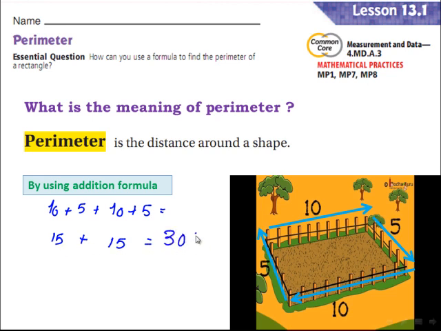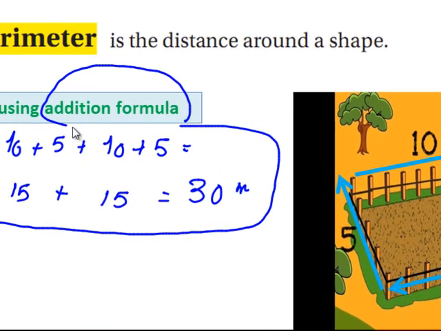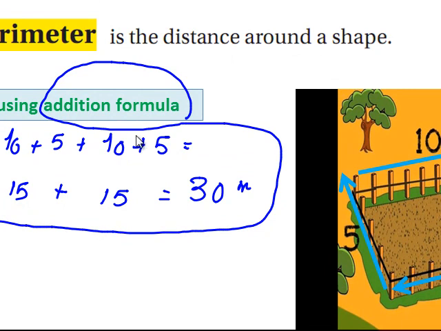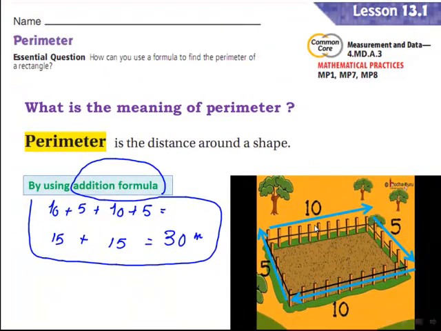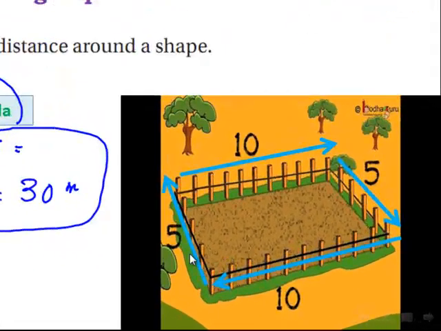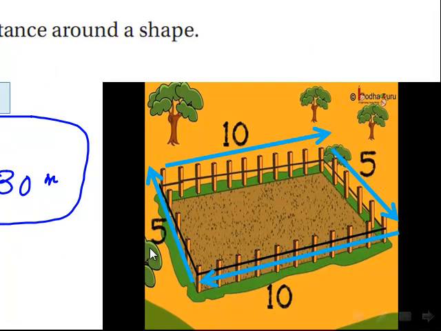Great. 30. 30 what? 30 meters, for example. Now, I used a new formula, which is called the addition formula. So, if you want to find the perimeter of any rectangle, you can add all of its side lengths.